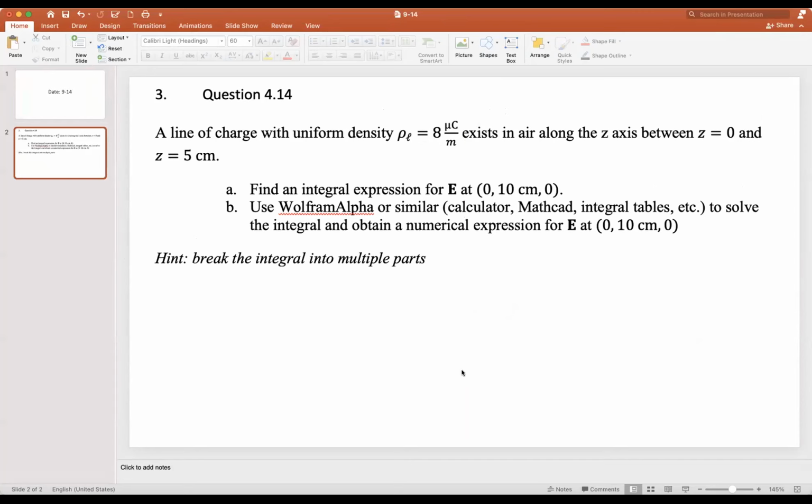So this one says there's a line charge, and the line charge has uniform density, in microcoulombs per meter. It exists in the air.